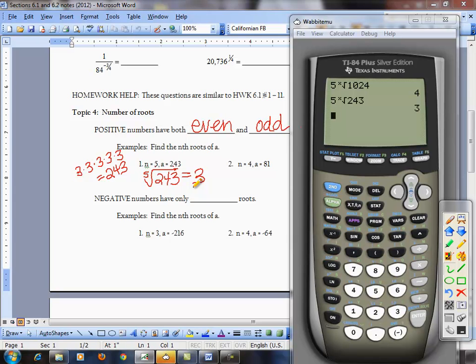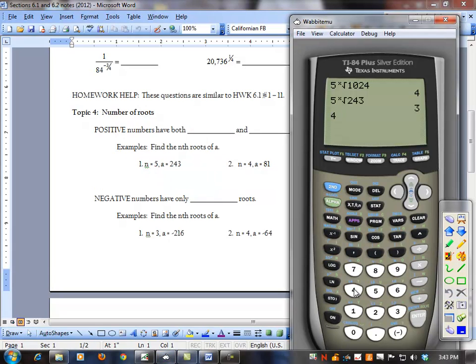If I look at the second one, we're saying the 4th root of 81. So let me do that. The 4th root of 81 is also 3.